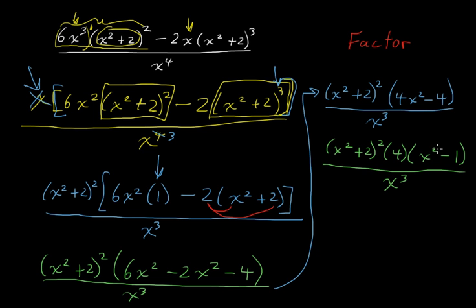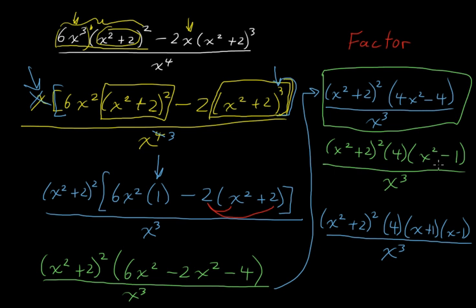And this is just to factor it to see if we can cancel anything else out. For simplifying, we could leave it just like this. But I know that some answers in some books might have it factored out, so let's just show how they got that. We factor this x squared minus 1 as x plus 1 times x minus 1.